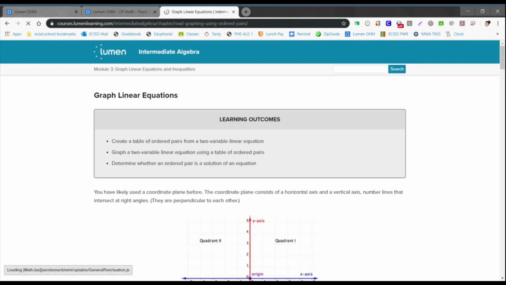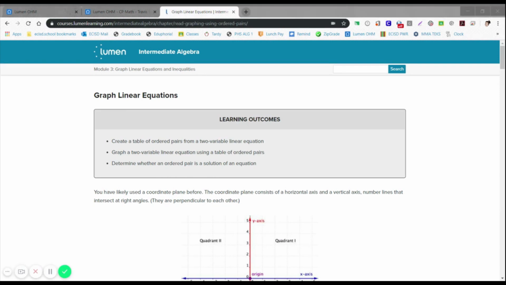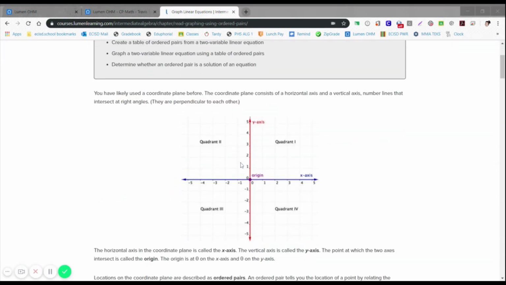click Next, and the first thing it gives us is a picture with the labels for each of the quadrants, the origin at the center, and the 2 axes. The y-axis is the vertical line, and the x-axis is the horizontal line, and the origin is the point where the 2 of them meet.